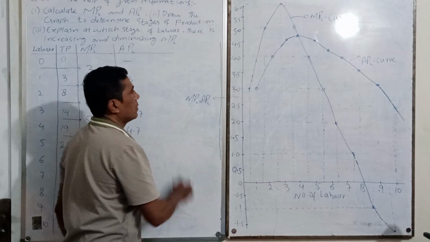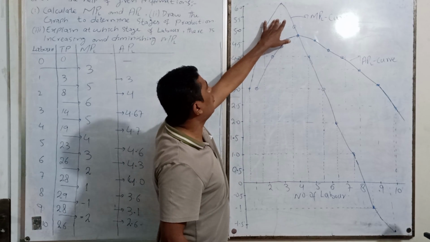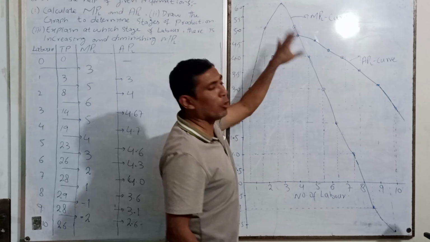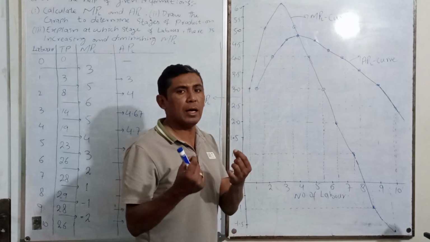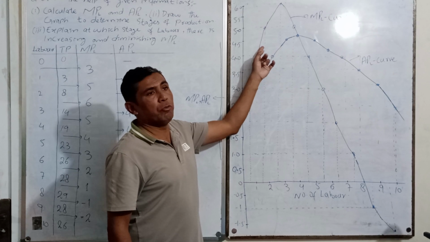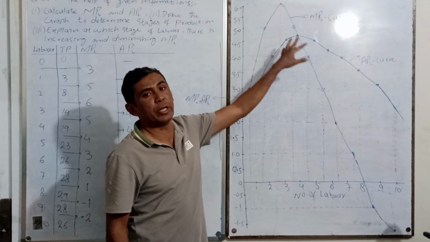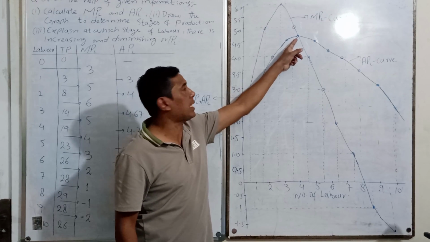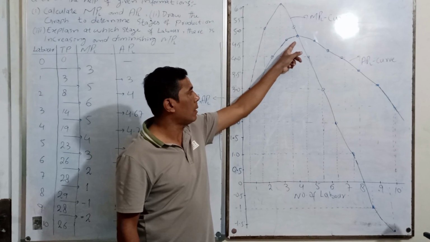Remember, the marginal product first reaches its maximum before the average product of labor. Second important thing, I am repeating: marginal product always reaches its maximum before average product of labor, and marginal product always intersects the maximum of average product of labor.